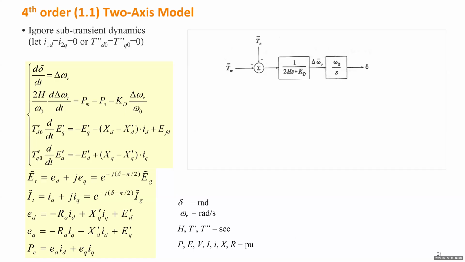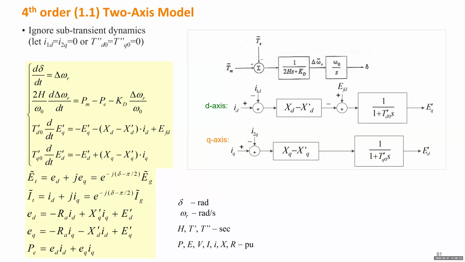If you want to draw the block diagram, the swing equations we already explained, so it will contribute 1 block diagram with 2 state variables. And the next 2 differential equations can create another 2 block diagrams, one in the Q axis, the other in the D axis. That's why this model is also called a 2-axis model. Okay, so they will have such a block diagram.